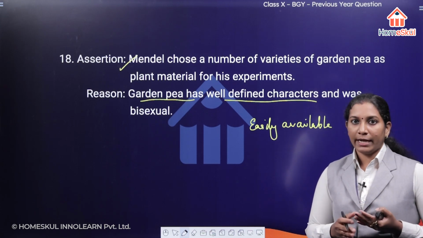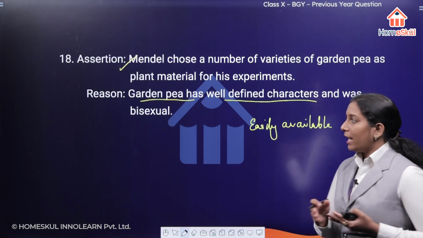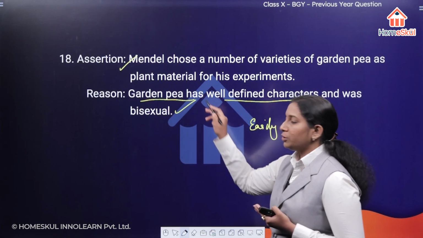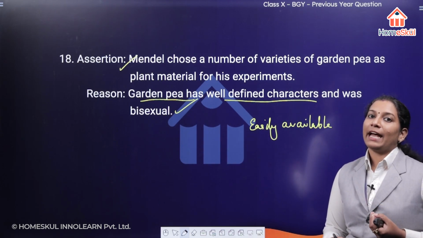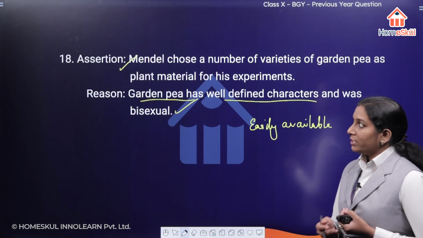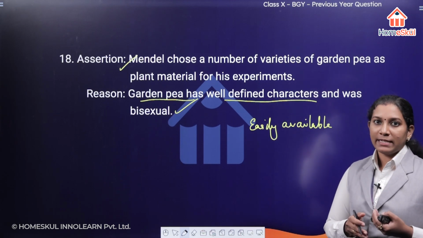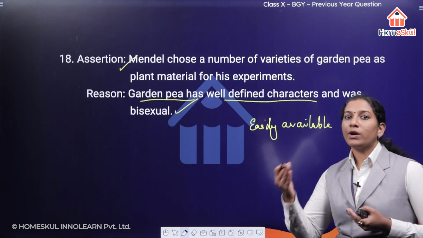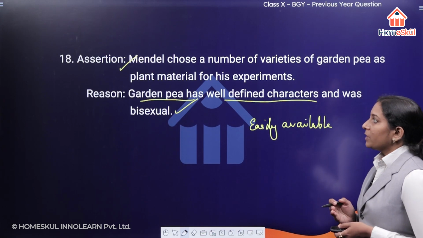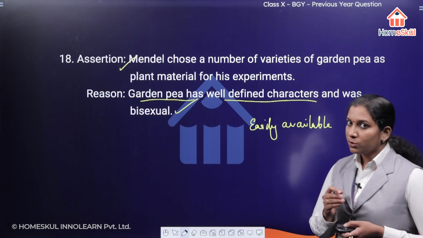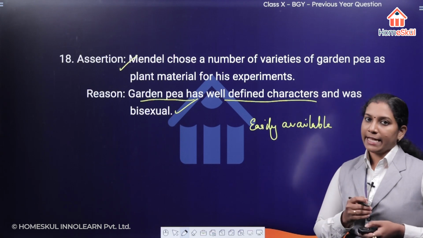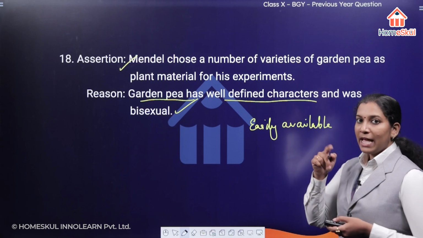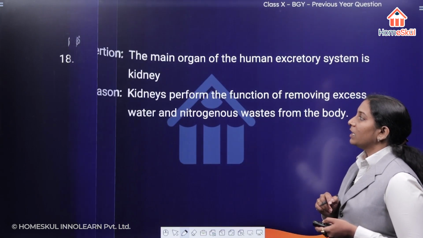And also the plant is bisexual too. So these are the well-defined characters present in pea plants. That is why Mendel chose pea plants as his experimental material, right? And he actually chose 7 contrasting characters. So the assertion and reason are true and the reason is the correct explanation of the assertion. You can choose A as the option here.